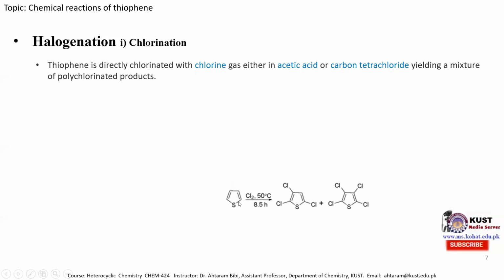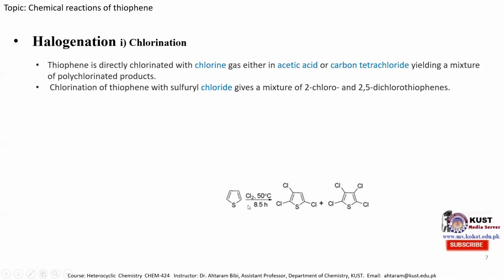As one can see, when thiophene is treated with chlorine gas at 50 degrees centigrade for around 8 to 9 hours, 2 types of product are formed, and they are polychlorinated: one is chlorinated at the 1, 2, and 4 positions, while in the other it is substituted at all the 2, 3, 4, and 5 positions. So the polychlorinated product is formed when thiophene is treated with chlorine at around 50 degrees centigrade.